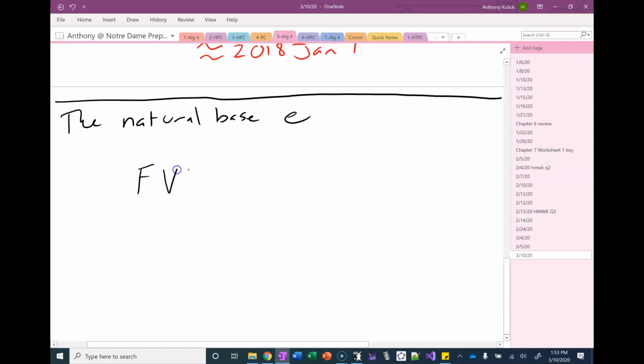So let's go back and think about this model here. So in this model, what we're going to be interested in talking about is this value for n. So n represents, remember, the number of compounds per year, right?